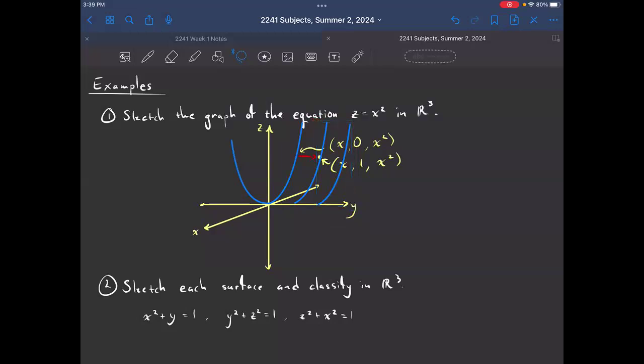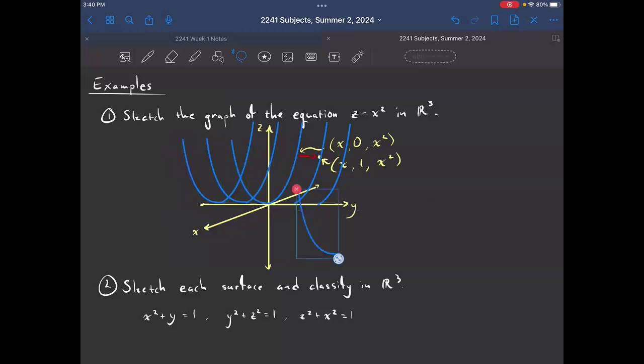And then I could shift it down maybe to (x, -1, x squared) and (x, -2, x squared). And hopefully we see where this is going. I can take the same shape and just sort of slide it along the x-axis or the y-axis and get new parts of my shape.